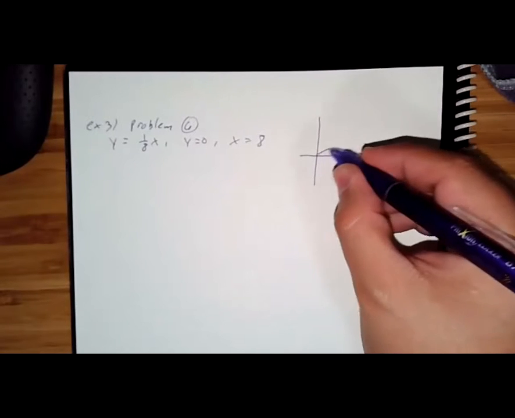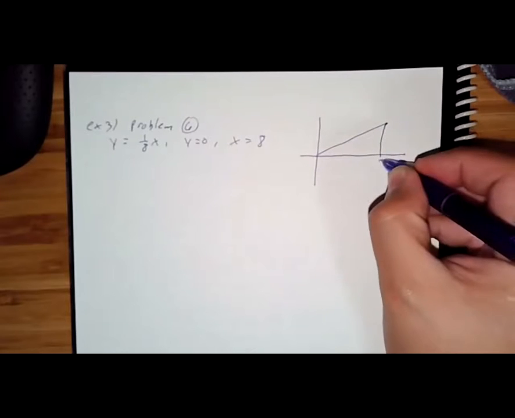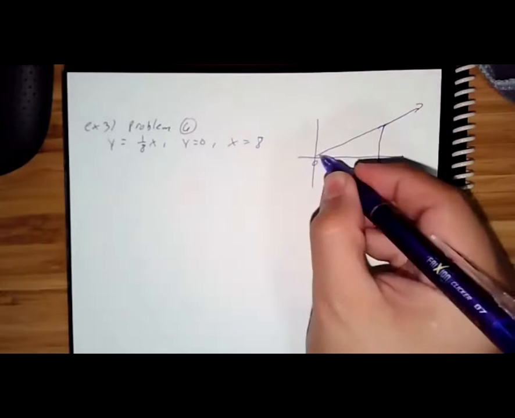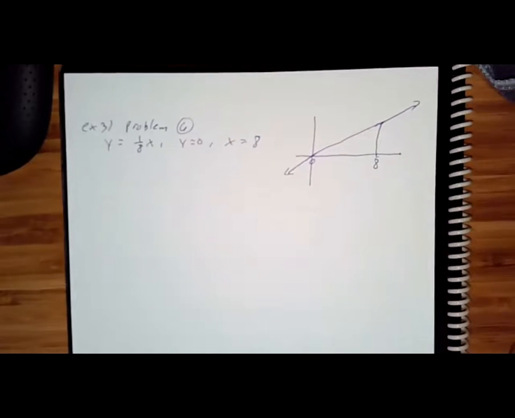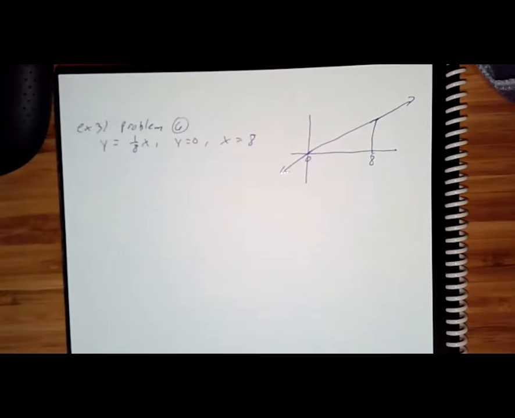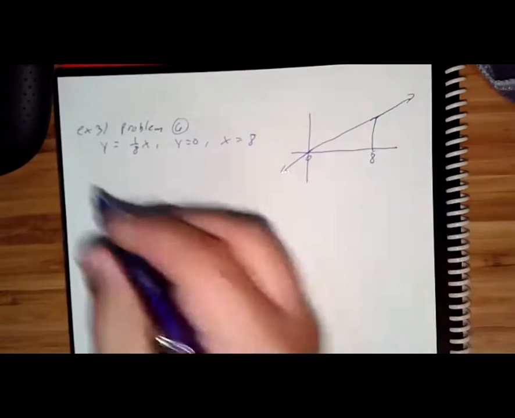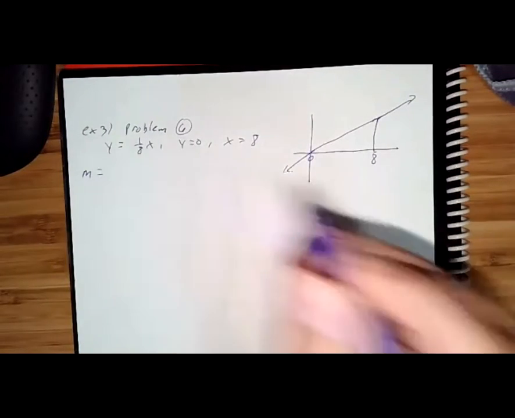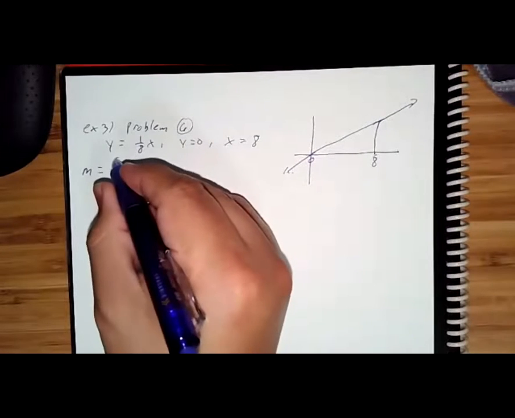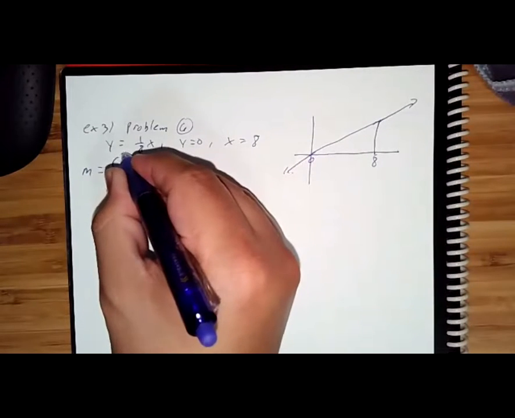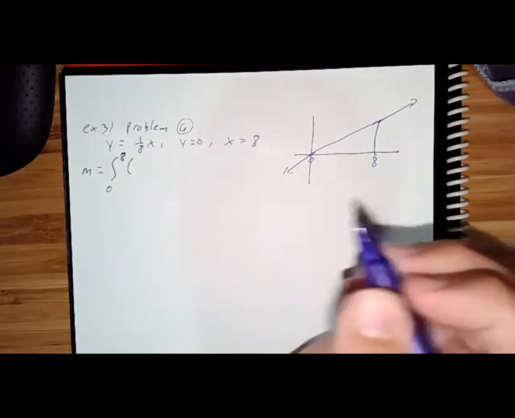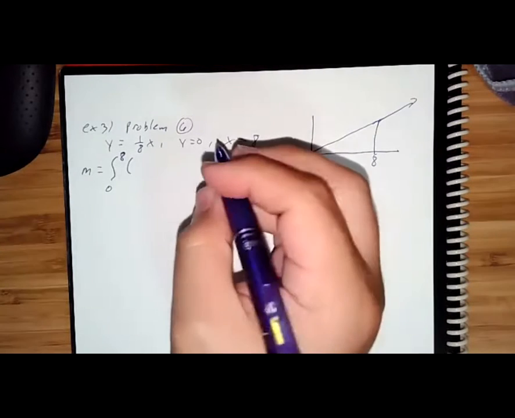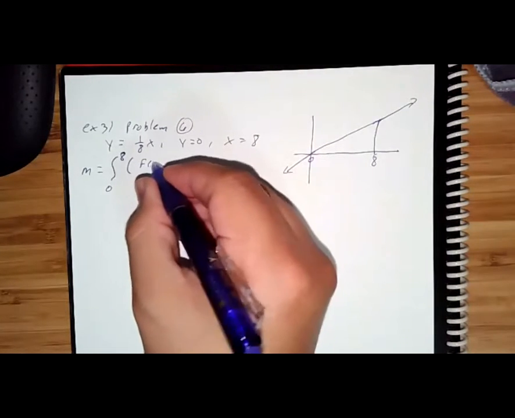Okay, so we had a shape like this, right? So this is the line, 1/8 x. So first let's find little m, right? What was the formula for little m? It was f of x minus g of x. That's it, right? F minus g?